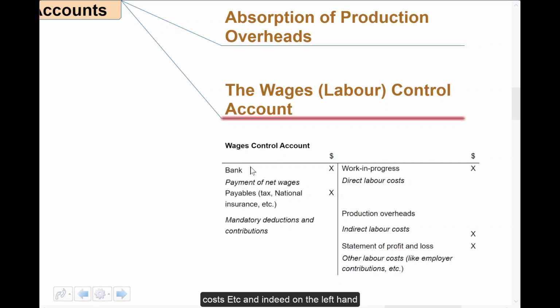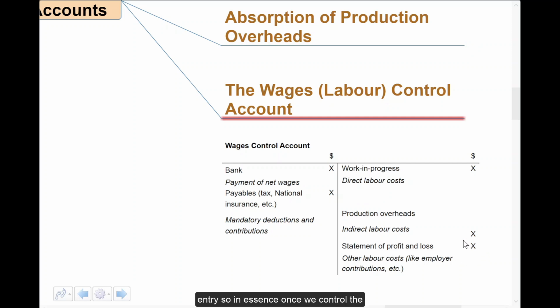And indeed on the left-hand side, the various deductions in terms of what's been paid out in net wages, which was Journal 1, and indeed what's to be paid or paid out to the tax authorities. So really here we see the bank entries, and here we see what's due and indeed the statement of profit and loss account entry.